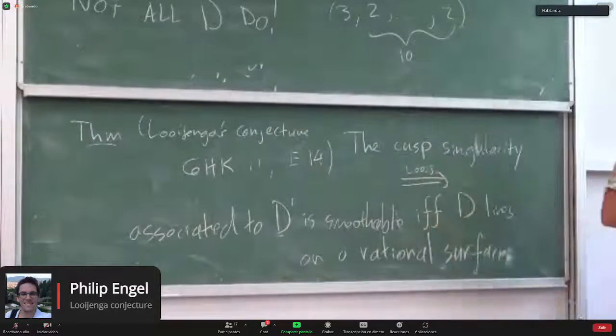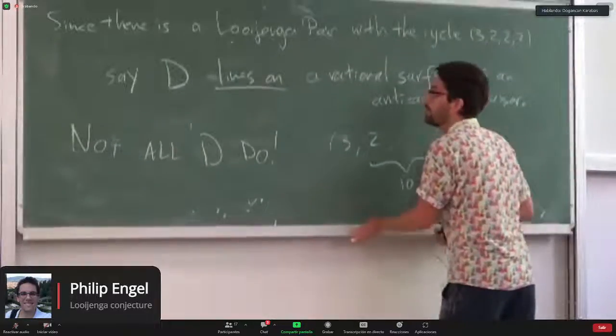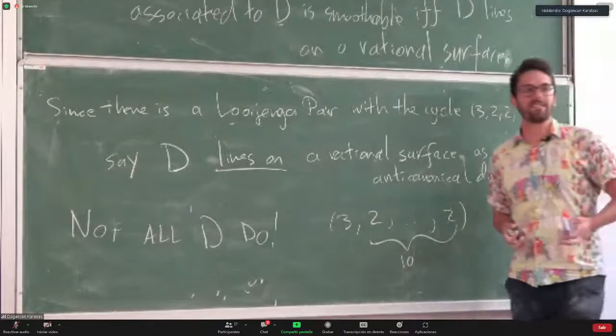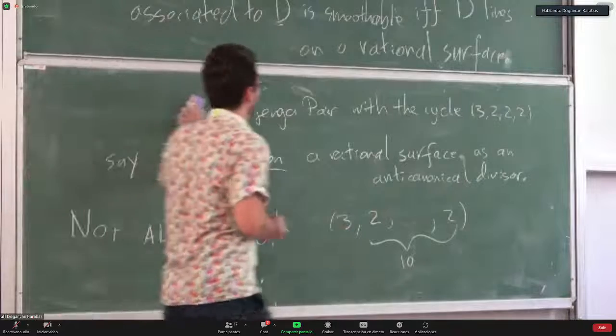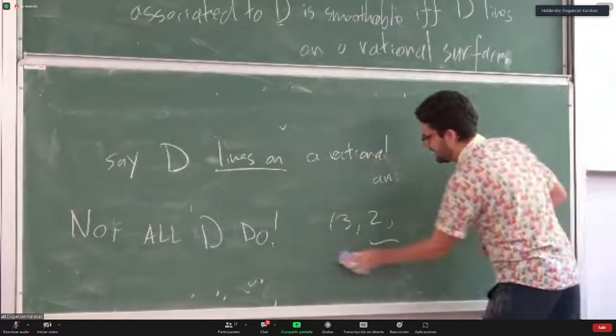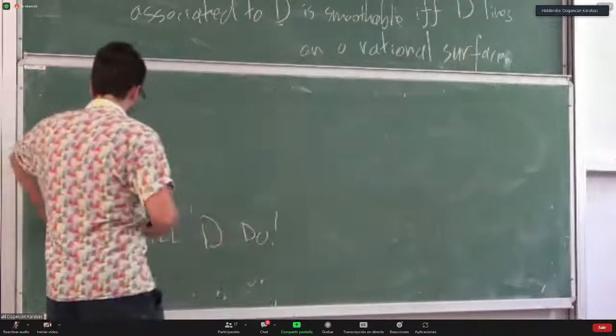And something I didn't mention, which is very cool, is, have you heard of the Enriques-Kodaira classification of surfaces? There's a classification of algebraic surfaces into a bunch of types. Well, it's kind of incomplete, because if you want to consider compact complex surfaces, there are more.